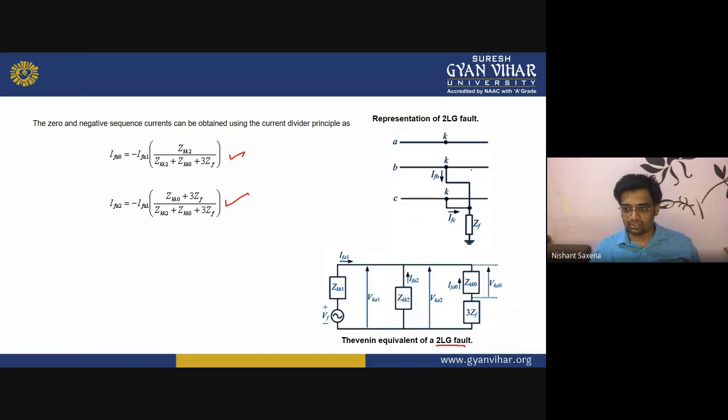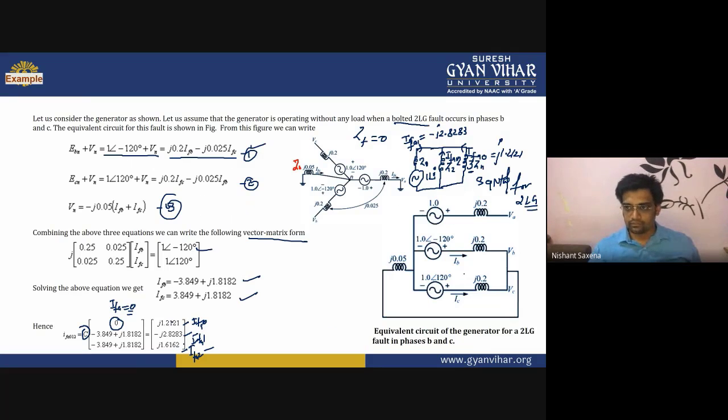Look at the previous one: this is your 3ZF, sorry, and this is your Z0.